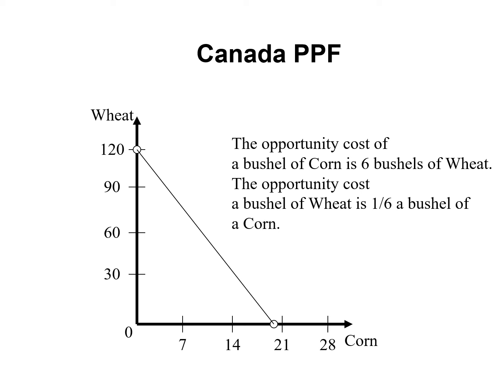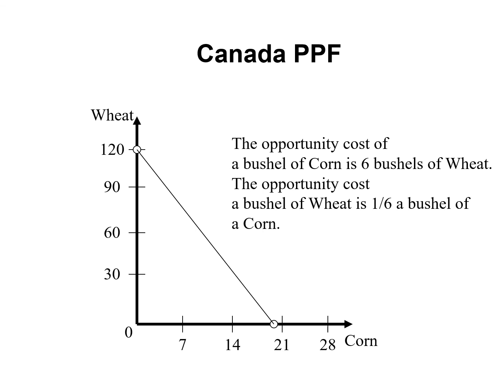Assume for the moment that Canada allocates all land, capital, and labor agricultural resources towards wheat production. This vertical representation at 120 bushels of wheat represents the maximum level of output possible in Canada for this given time period. Canada would never be able to produce greater than 120 bushels of wheat.